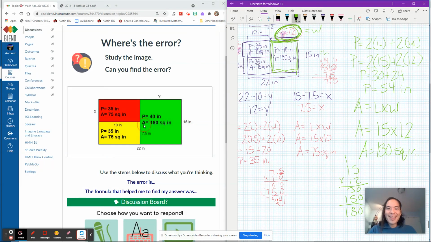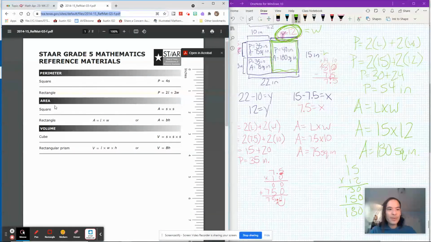All right, and then the formula that helped me to find my answer. The formula that helped you find your answer was the perimeter of a rectangle: P equals 2L plus 2W.